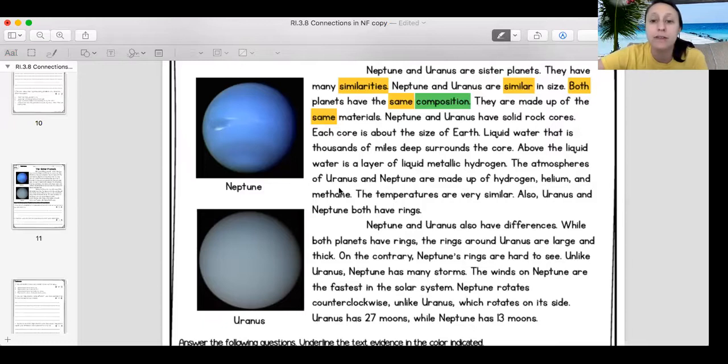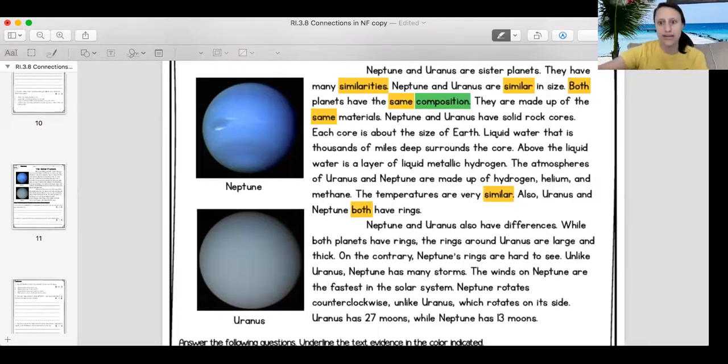The atmospheres of Uranus and Neptune are made up of hydrogen, helium, and methane. So now it's talking about the atmosphere. Okay, but again, it listed both of them, but that's not a signal word. But it's saying they both have it. Okay, the temperatures are very, look at that word, similar. Also, Uranus and Neptune both have rings.